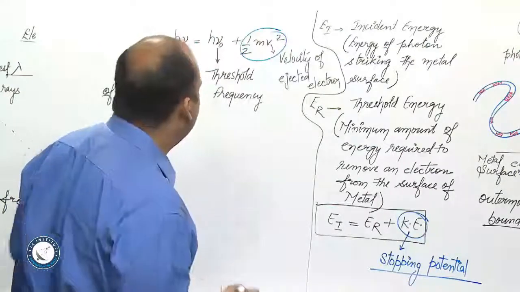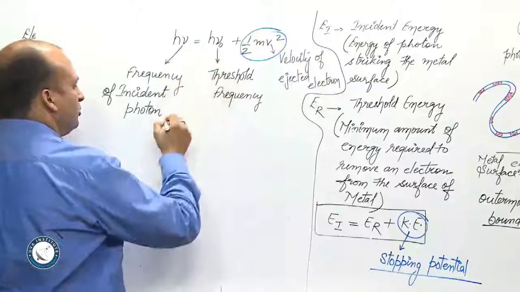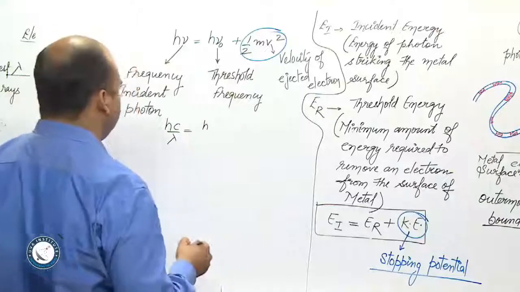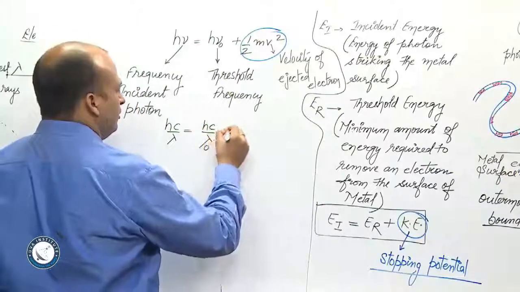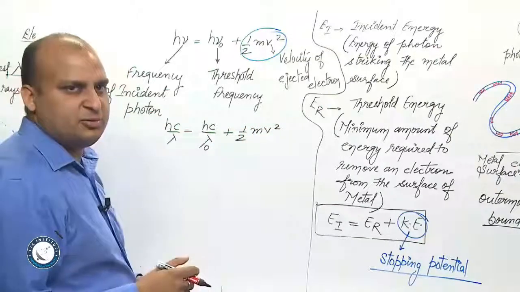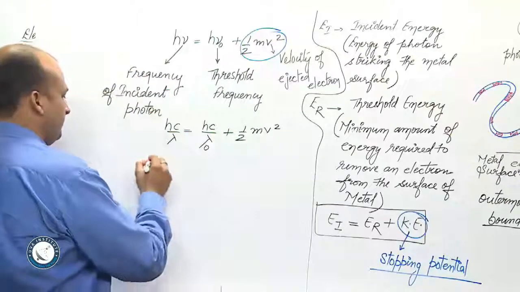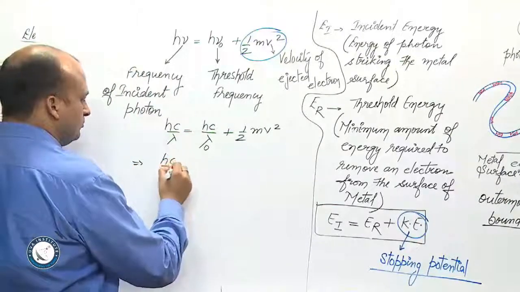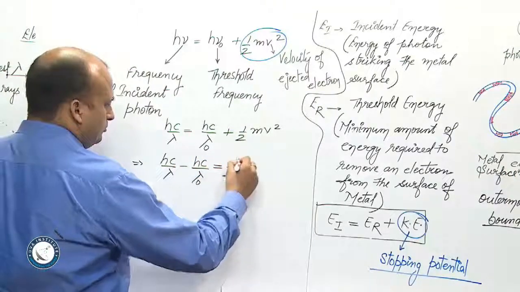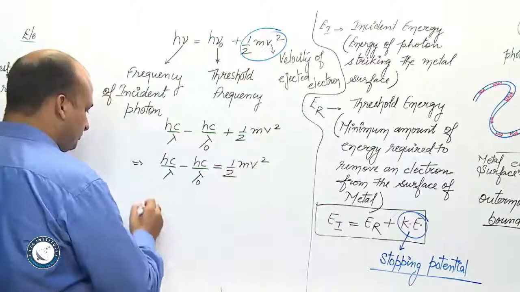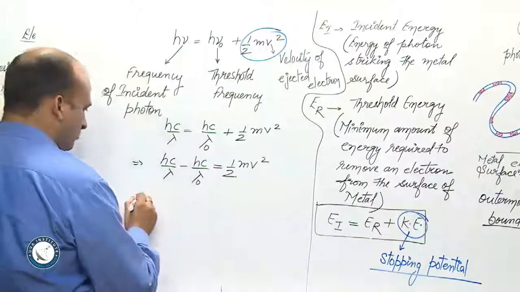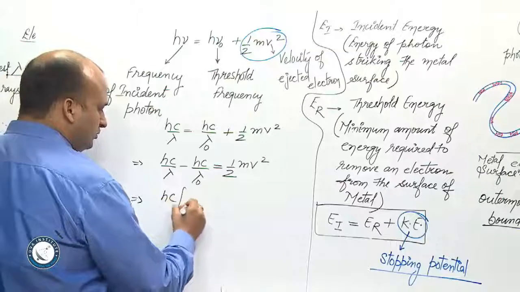Now see, I can also convert this into hc by lambda, or first, let me read it as hc/λ₀ plus ½mv². Now theoretically some expressions have been asked from here in the exams. First, see, now I am taking hc common.